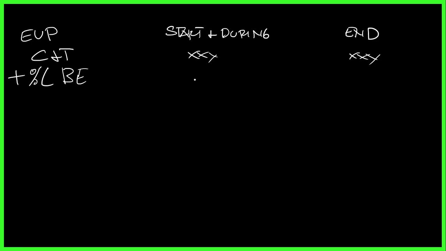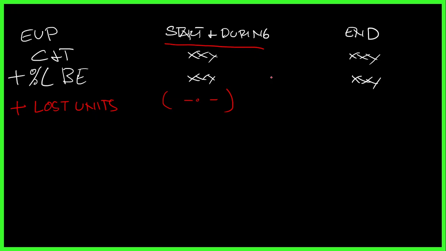Plus your lost units. In this case, wala, kasi the loss happened at the start or during the process. Pero kapag end, i-recognize natin siya. O yun, nakita nyo na.